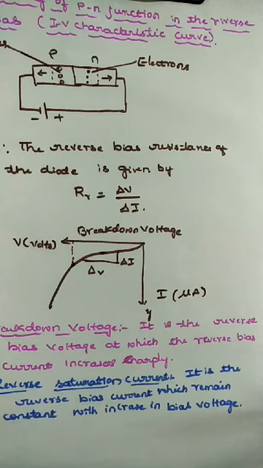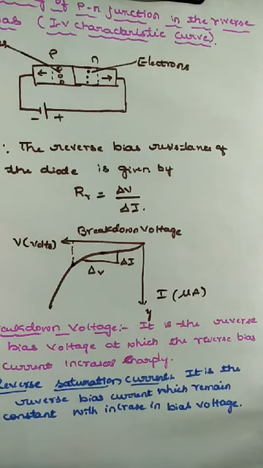Now we are going to discuss how the PN junction acts like a diode. When a PN junction is forward biased, it conducts current and behaves like a closed switch. When it is reverse biased, it does not conduct current and behaves like an open switch. This is also an application of the PN junction.